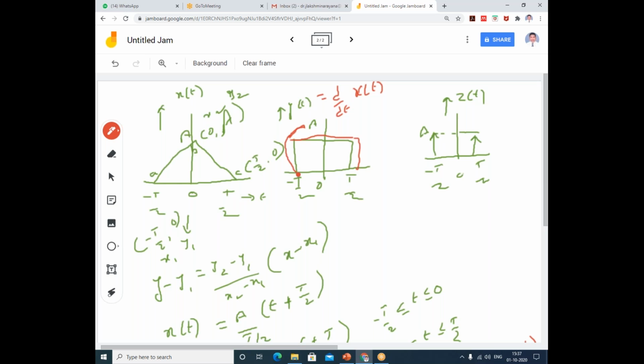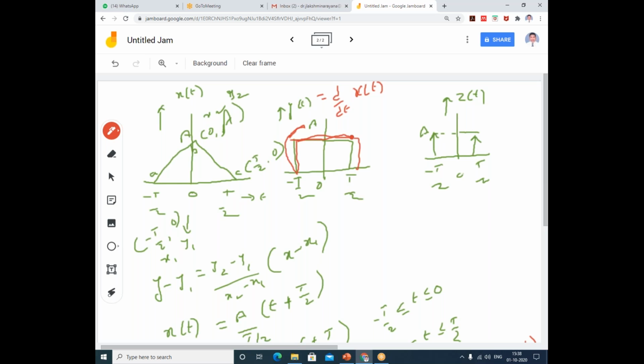It starts varying from 0 and reaches a maximum value a. Am I right or not? And once it reaches the maximum value, it maintains the same value up to T by 2.